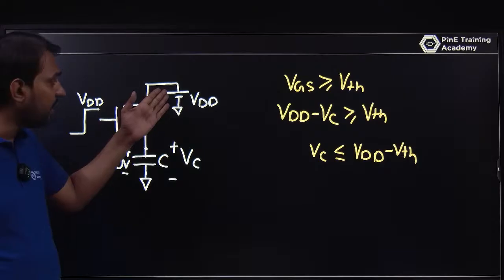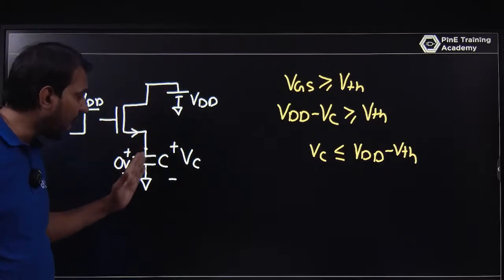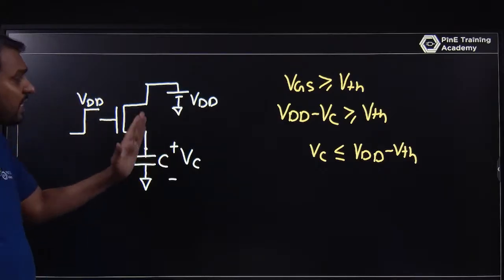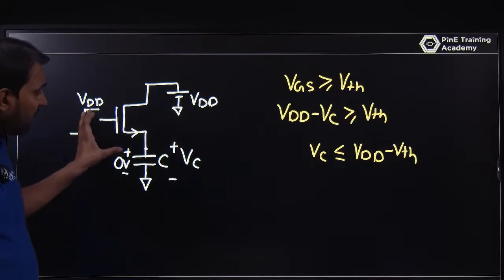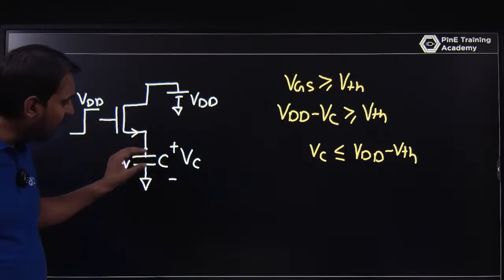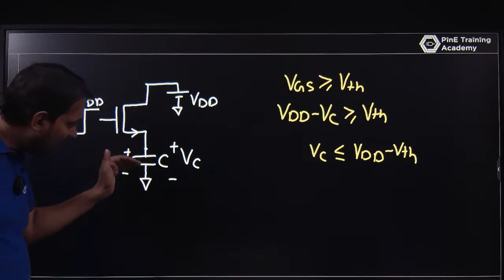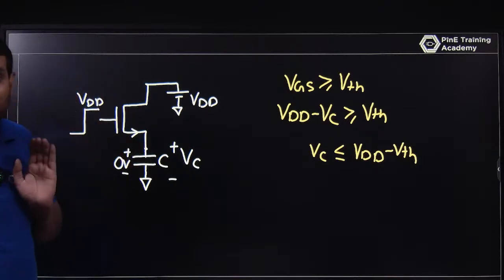If the drain is VDD, the capacitor can charge till VDD minus VTH, because VGS must be greater than or equal to VTH. So the capacitor can never be charged more than VDD minus VTH. If it tries to go above VDD minus VTH, the MOSFET will turn off.